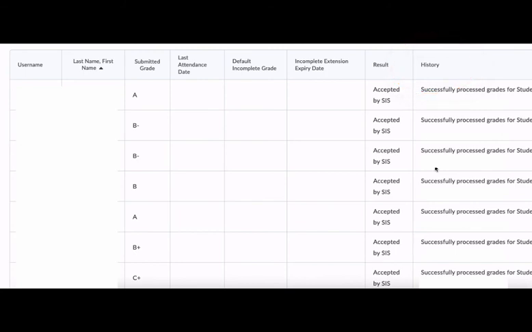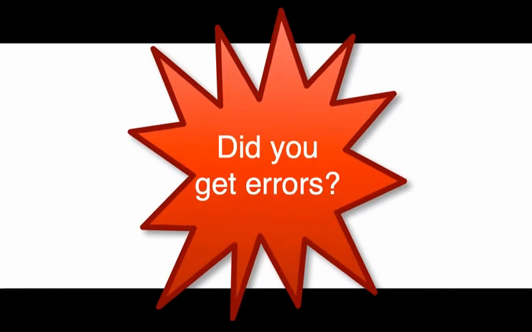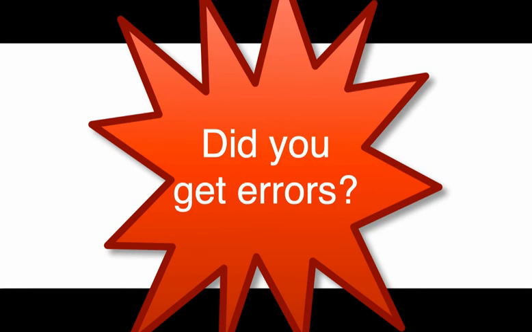In this case, all of these were accepted by SIS, which is Banner, and I received a successfully processed grades, which means now that if I were to log in to My Charleston, I should see these grades submitted for these students.